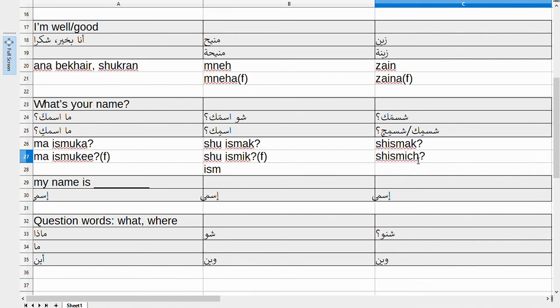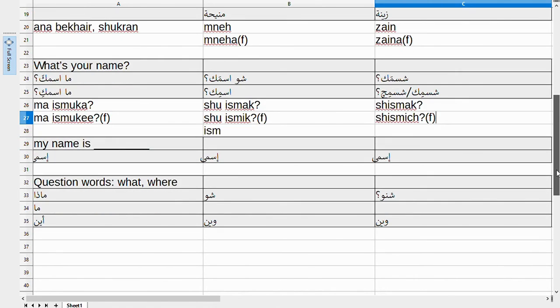So you can see that pattern again, and we've got the same letter that we're not 100% sure of. Maybe Farsi is my guess. So it's what's your name for female, shismich, and shismuk for a male. A little bit different, but you can still see the root of ism in everything. Ism, ism, ism.